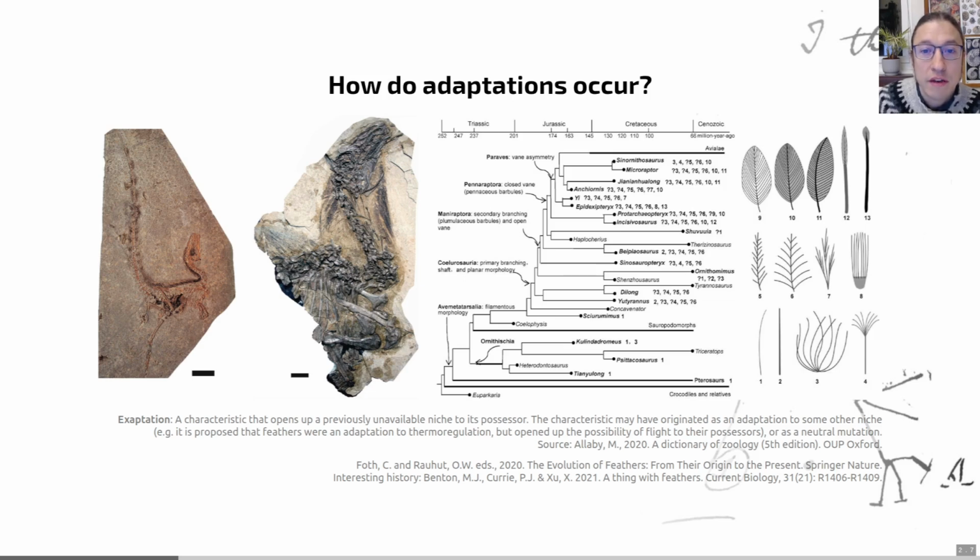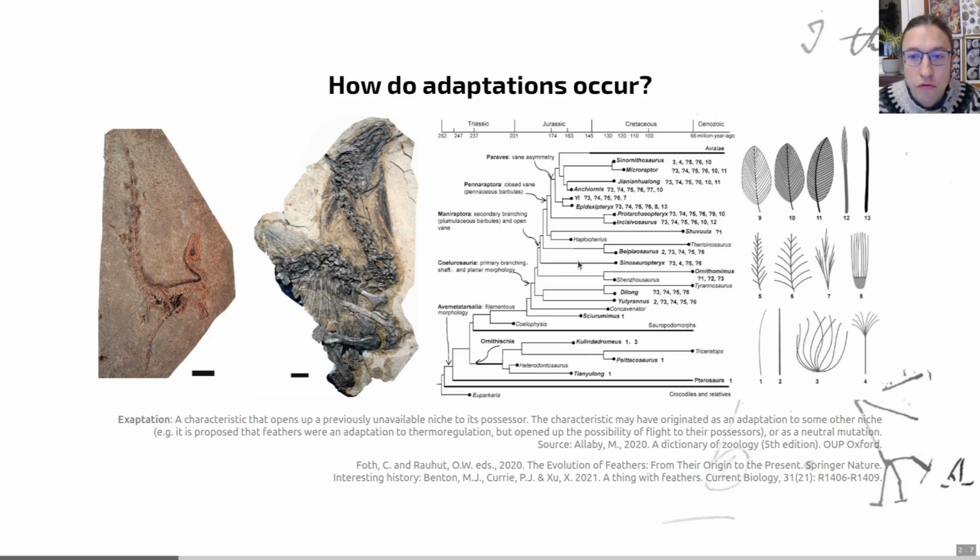And then we see several aerodynamic innovations and flight-related morphologies evolving in the group of organisms that became today's birds. Those likely evolved independently multiple times within the group closest related to the origin of birds. And you can see an example of these changes on the right-hand side here.